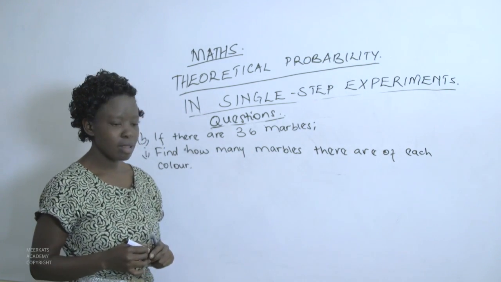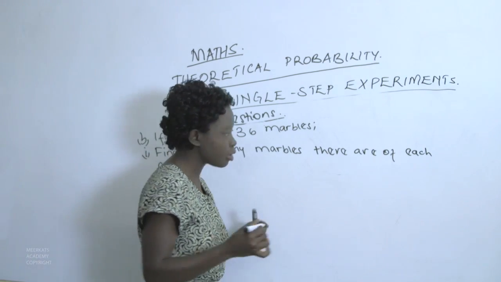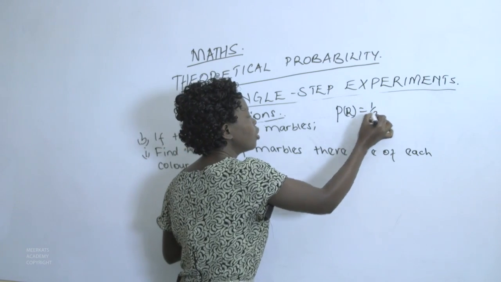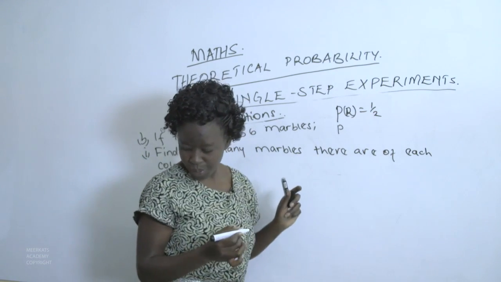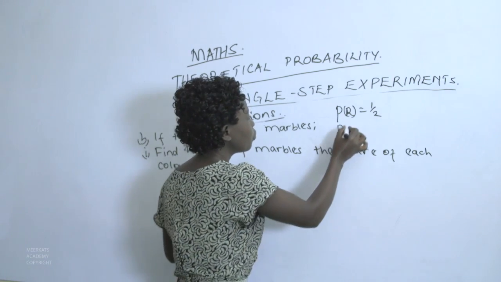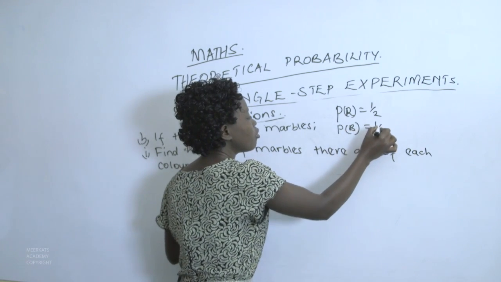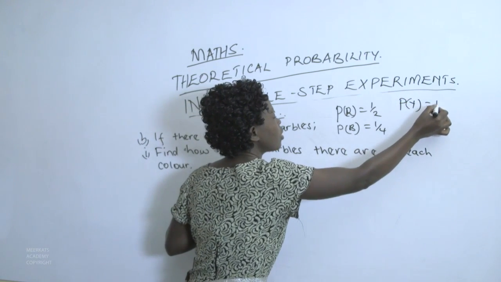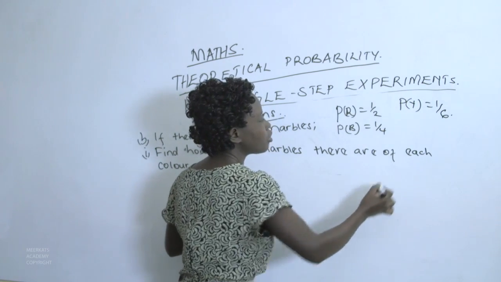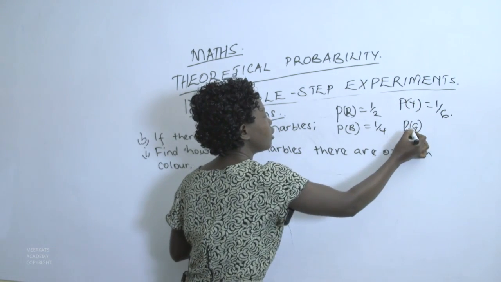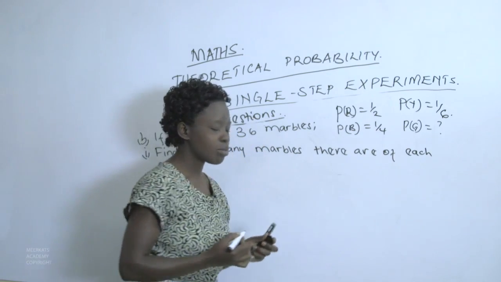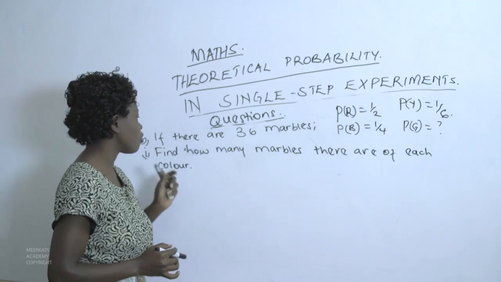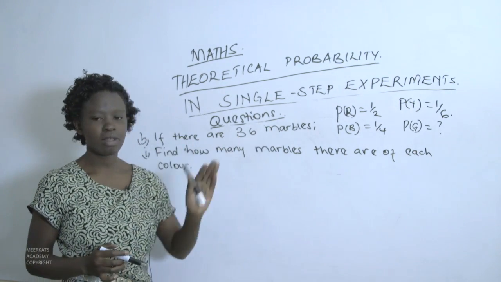The probabilities have not changed, so we are still having the probability of picking red to be 1/2, the probability of picking blue is still 1/4, the probability of picking yellow is 1/6, but we still don't have the probability of picking green. So we are still using the same probabilities to answer the questions that we have.